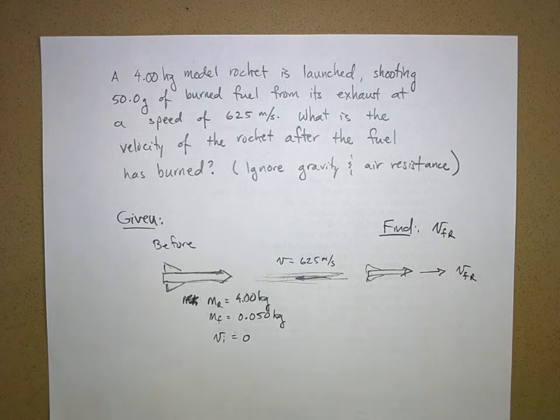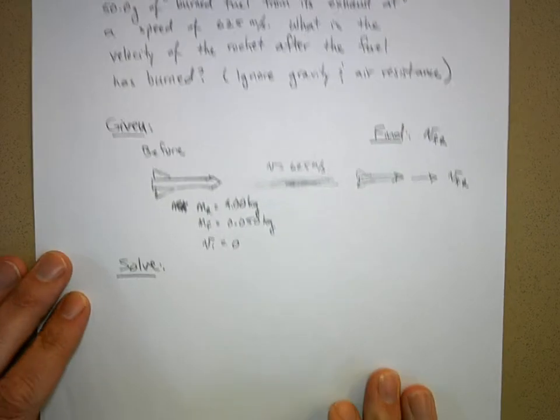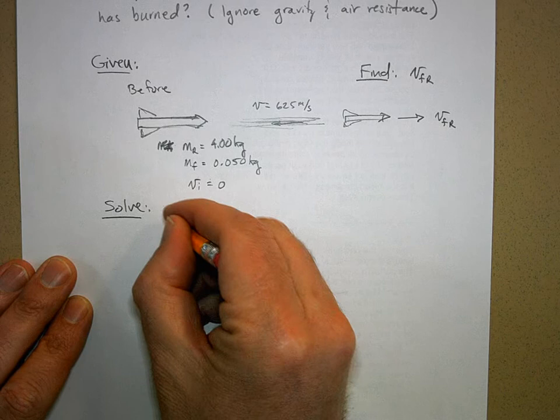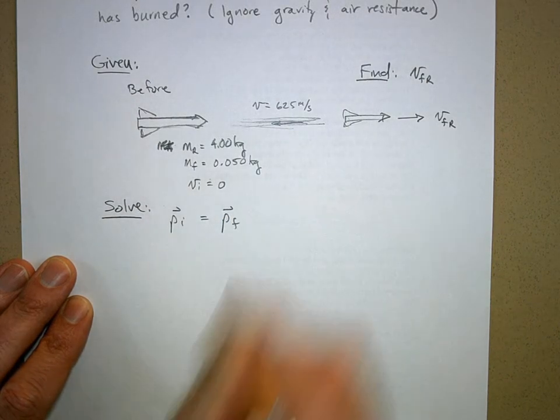So when the engine explodes, when there's an explosion, and you have this closed system, the momentum of the system is conserved. So start off with the initial momentum of the system is equal to the final momentum of the system.